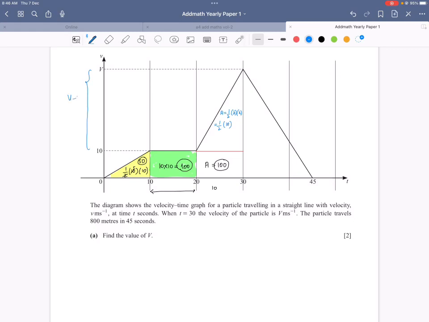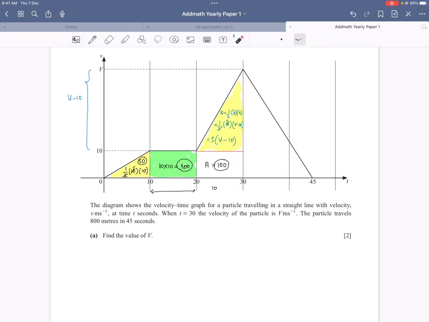That means it's v minus 10. So height is v minus 10. When you simplify, it will be 5 times v minus 10. That is the area of this triangle only.